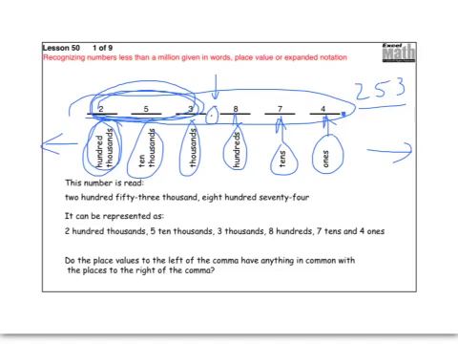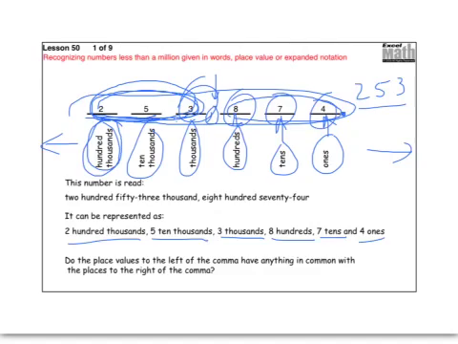But it's not just 253, it's 253,000. 253,874 is the way that you read that. It's 200,000s, 5 10,000s, 3 thousands, 8 hundreds, 7 tens, and 4 ones.